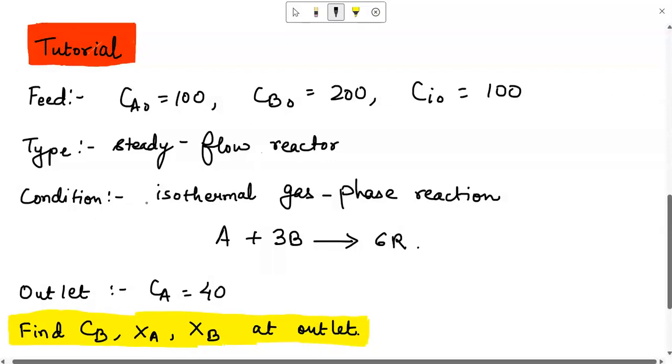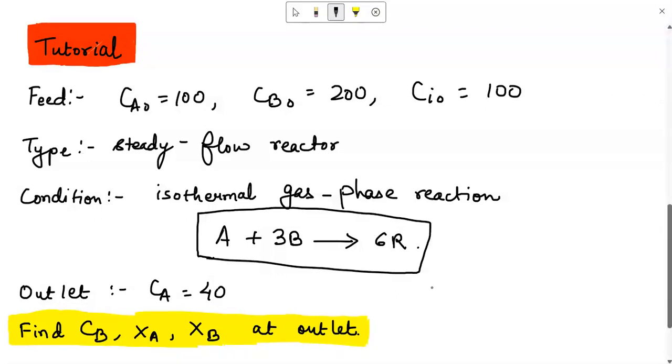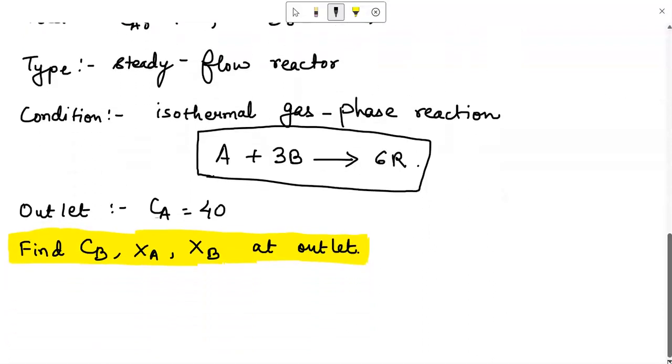The reaction is an isothermal gas phase reaction: A plus 3B gives 6R. At the outlet we have Ca equals 40 units. The main objective is to find the values of Cb, Xa and Xb at the outlet. Okay, let's get started with this problem.